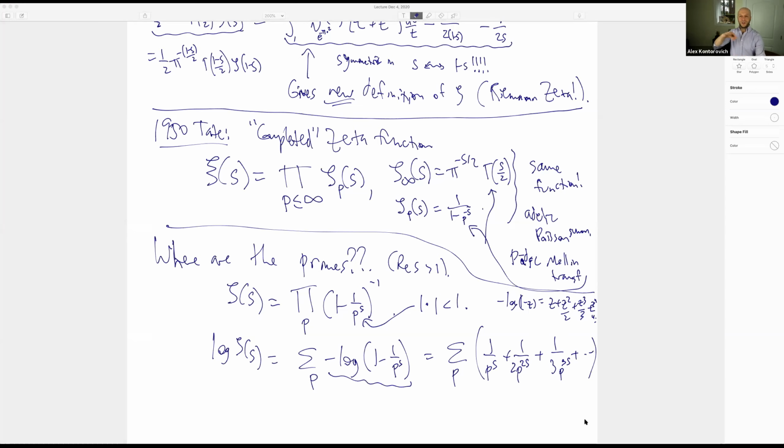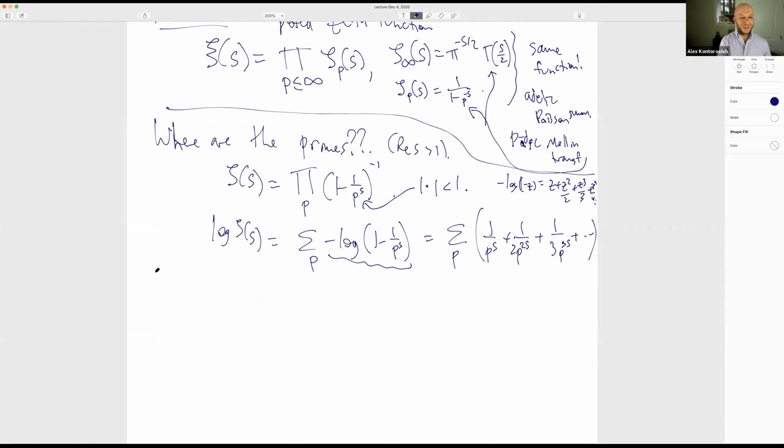And that's a convergent series for each of them. You guys are happy with that? But now we can differentiate both sides, d/ds. So here, what's the logarithmic derivative? Of course, it's just zeta prime over zeta.